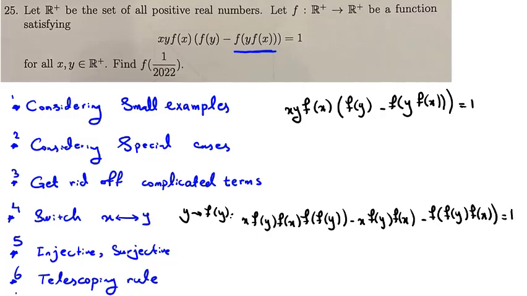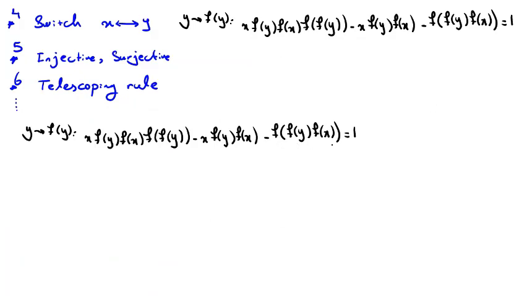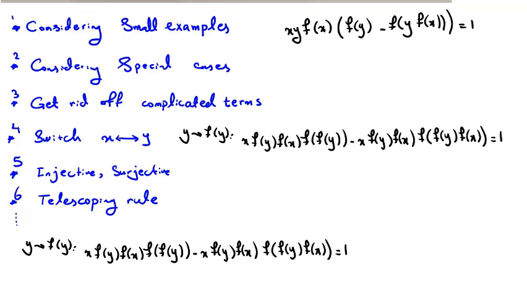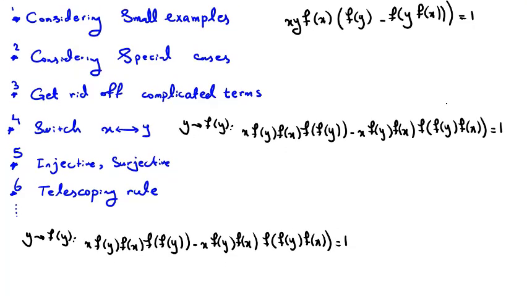Now, let me paste it in another place so that we have more space. Okay, now we want to get rid of this complicated term. Oh, sorry, here we have the product x f of x times this times minus this. Okay, so let me correct. Okay, now if we switch, it's good.